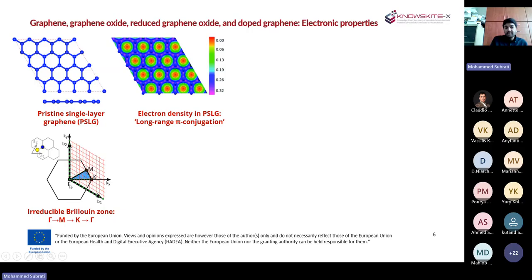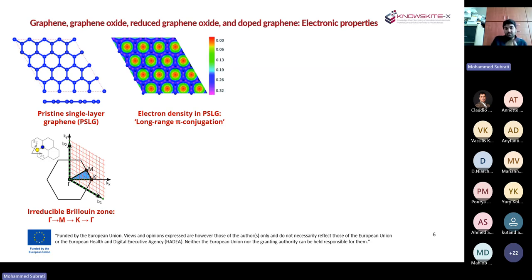From the center, you have the gamma point, and in the center of the line, that is the M point, and the six corner points are called the K points. So this is the irreducible Brillouin zone.